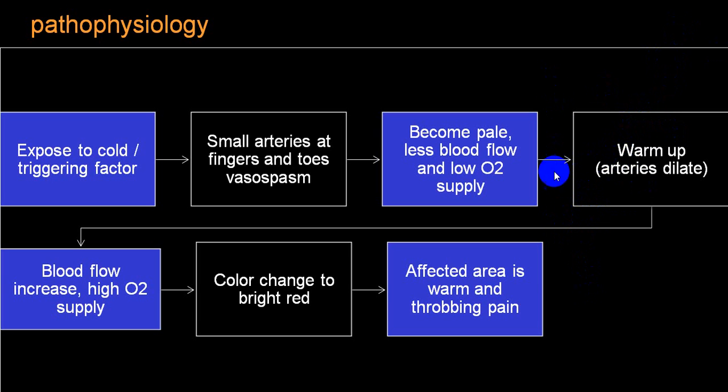Now, if this spasm persists for a longer period, because of hypoxic damage, you will have appearance of ulcer formation. It is more common in secondary phenomena, or secondary Raynaud's, where you will start getting small digital ulcers which will deepen.